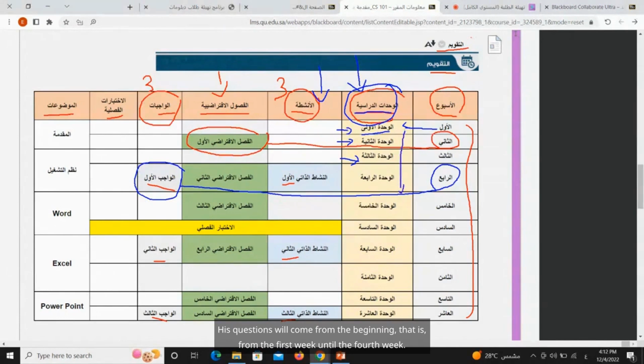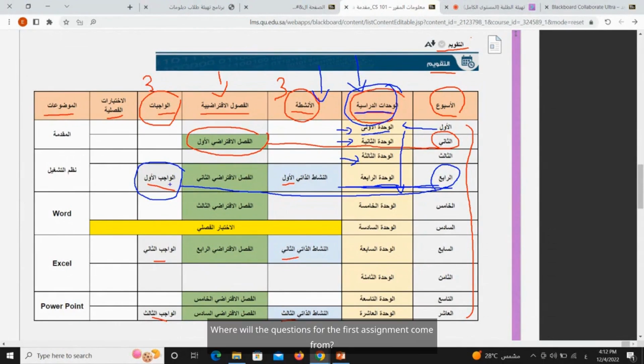That means its questions will come from the first, second, third, and 4th units, because the first assignment is due in the 4th week. So all the units that precede the 4th week, together with the 4th week, the questions will come from them.